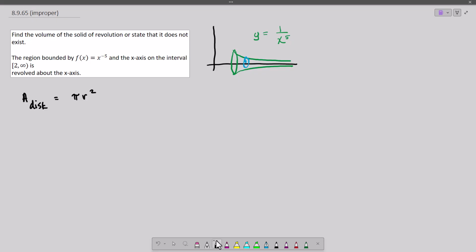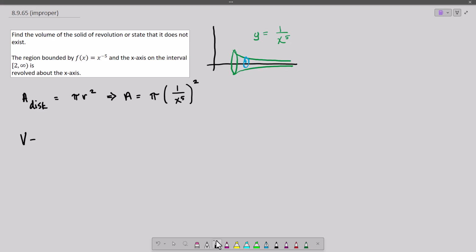Because we are using a vertical integration element, we are going to be integrating with respect to x. And so for us, our area is going to be pi times the function squared. We're integrating with respect to x, so the only variable we can have in here is the letter x. So there is our area function.